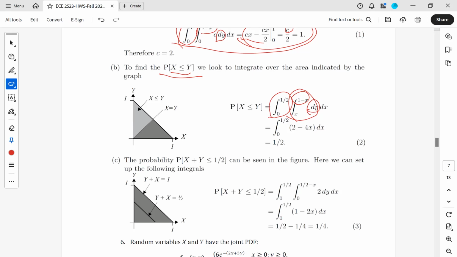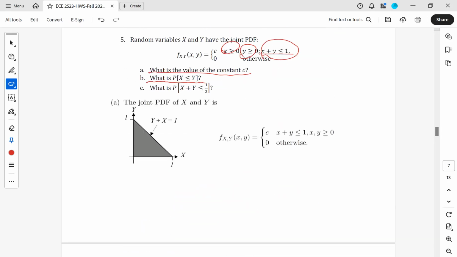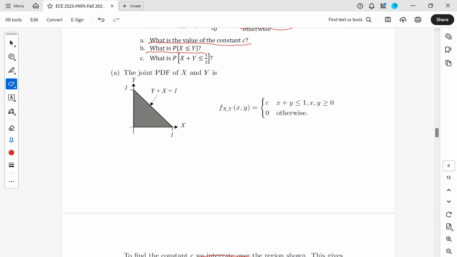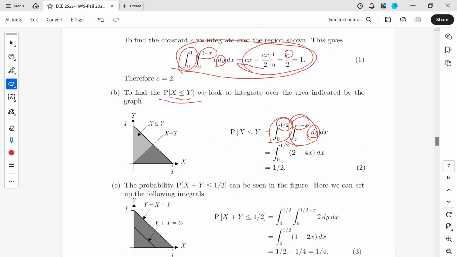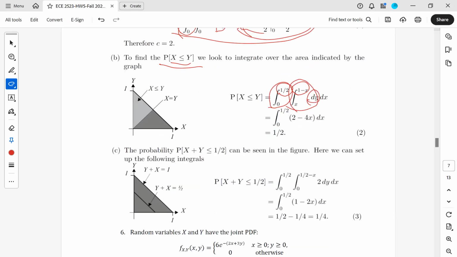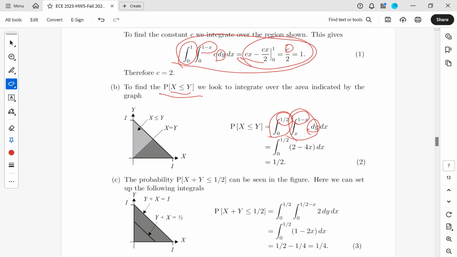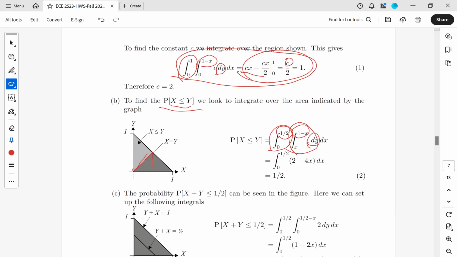Now, the higher limit is, is that true? Or am I making a mistake? x is going to be from 0 to 1 over 2. Yes, because of the two conditions that we have.